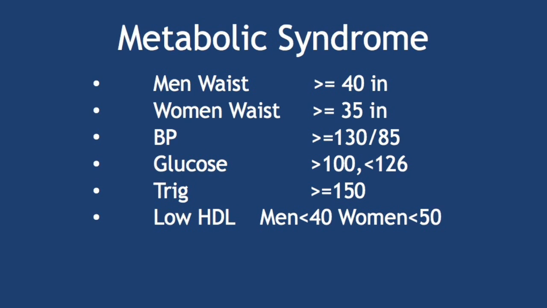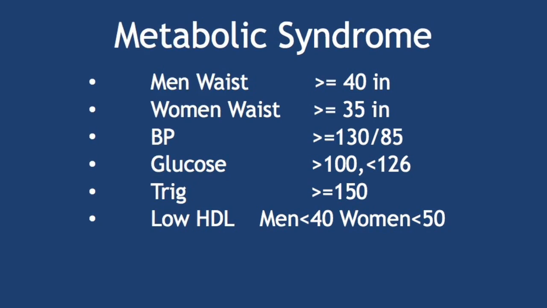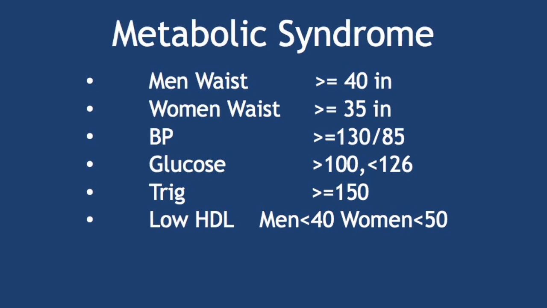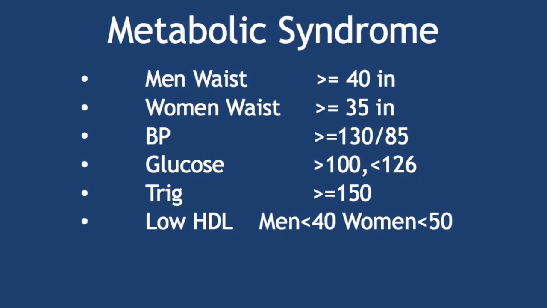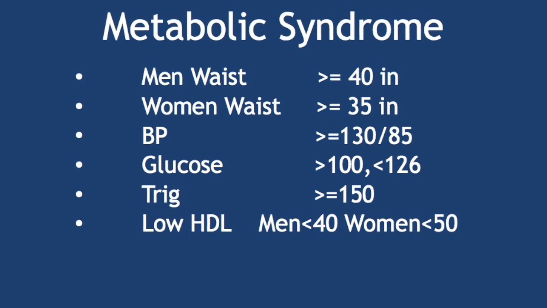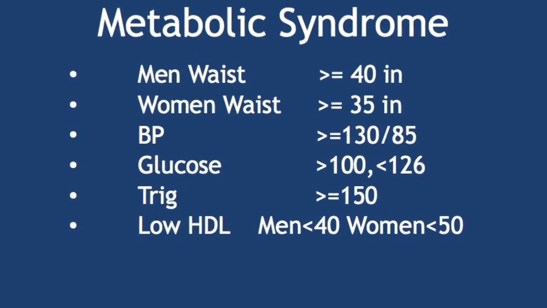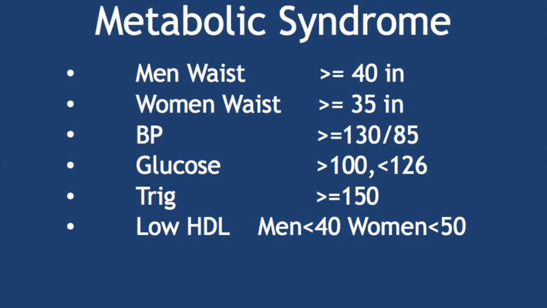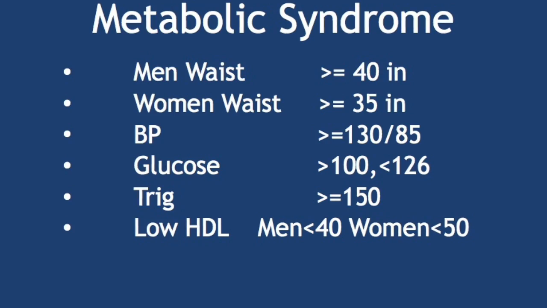In metabolic syndrome, the central physiology is increasing abdominal fat, therefore leading to increased waist size, low HDL, high triglyceride, elevated fasting glucose, and eventually blood pressure elevation.